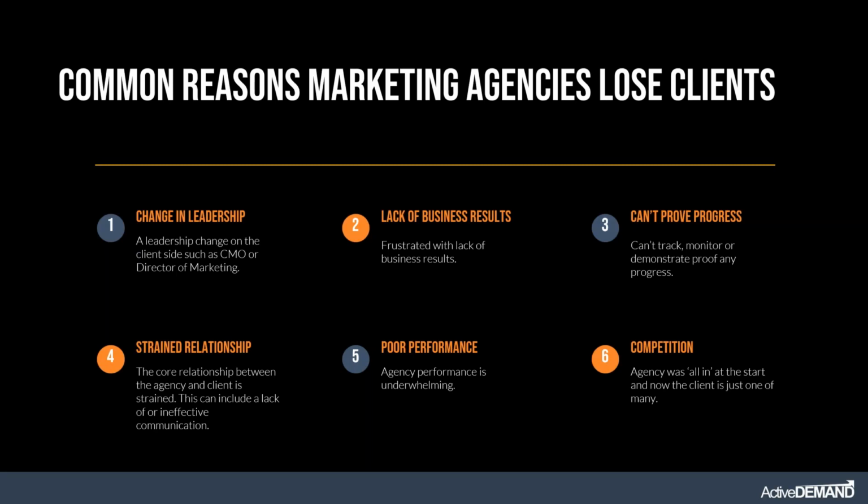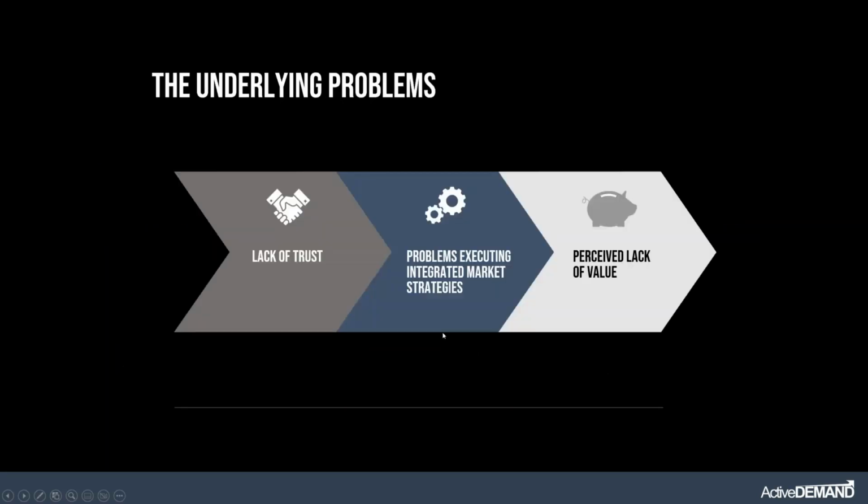Or poor performance, or some competitor agency comes in and steals the business. There are lots of reasons for churn, and really the underlying root cause is always lack of trust, or your agency has operational issues, and the real big one is a perceived lack of value for the money they're giving you.